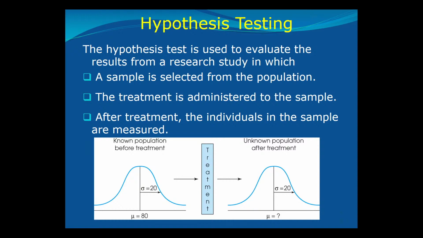So we know the population before treatment, then we apply some treatment or some drugs to the sample, and we have a sample after the treatment.